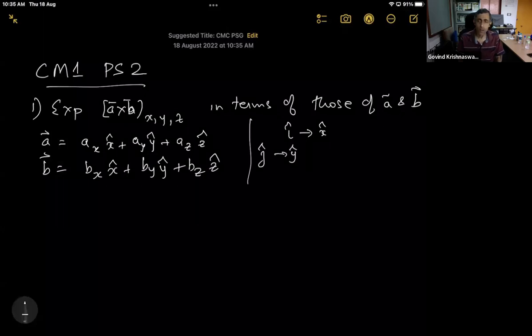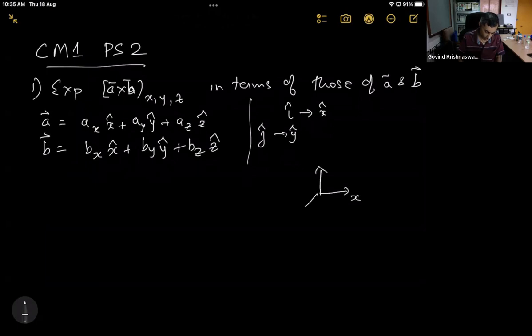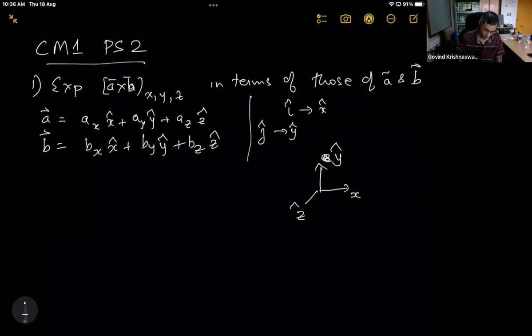Now, what we have deduced previously using the setup was that if x, y, z are a right-handed orthonormal system, then they would, for instance, point in the manner I have drawn in the picture.